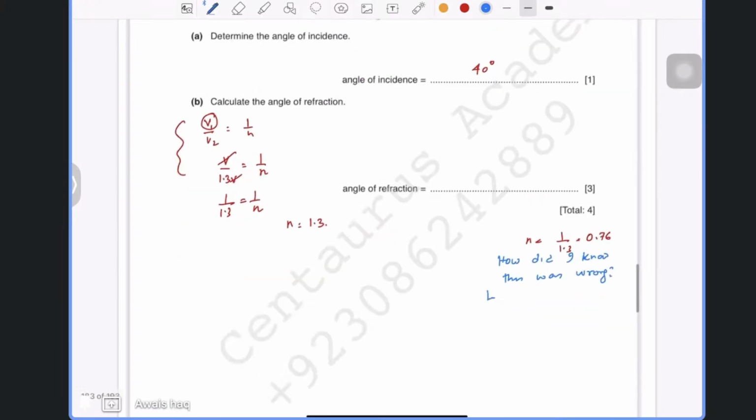Because the minimum refractive index is 1, and that is in air or vacuum. Do you guys understand this? Any value of n less than 1 would be wrong. That's why I thought, let me check my work again. That's just a tip to know. That's why I've written those things for you. Is it clear?